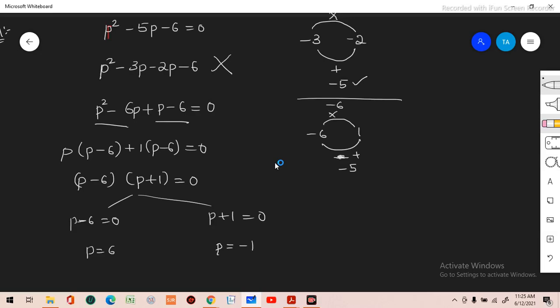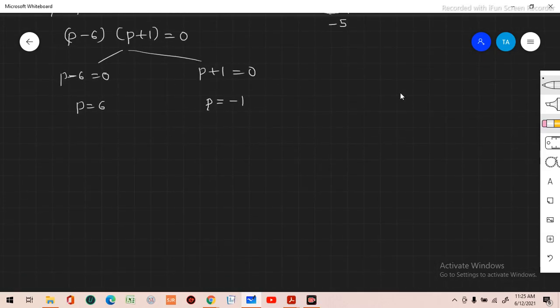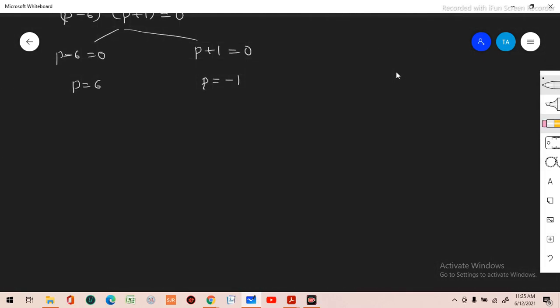So this was our first step which I wrote generally. Given the quadratic equation in terms of p, we solve it and find the roots. What is our second step? We will substitute p is equal to dy by dx on both sides.